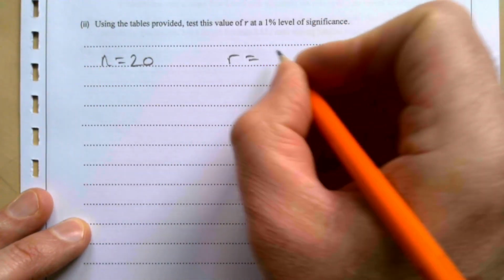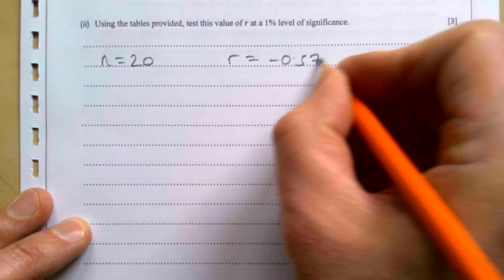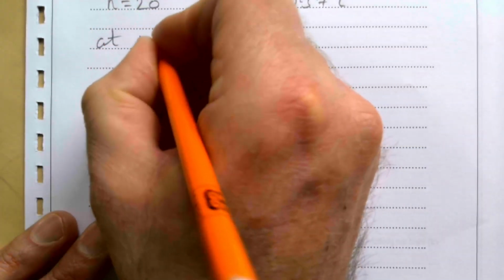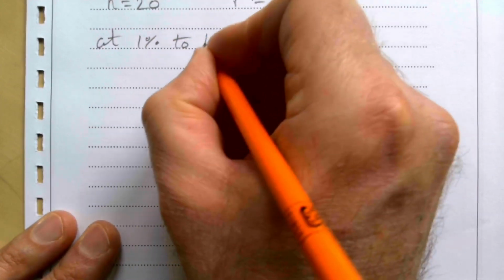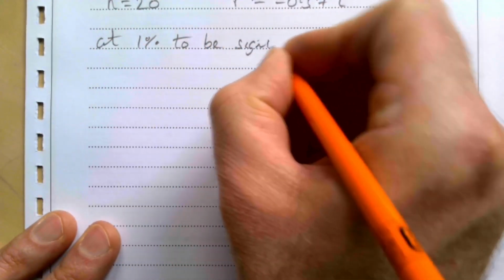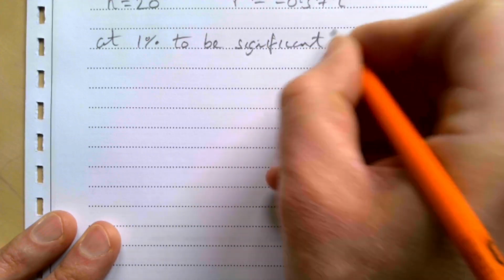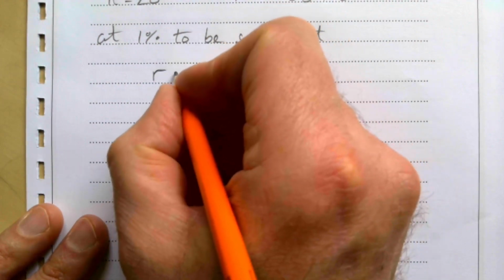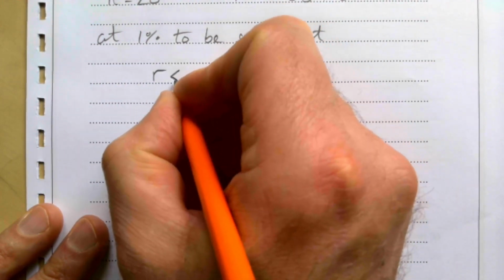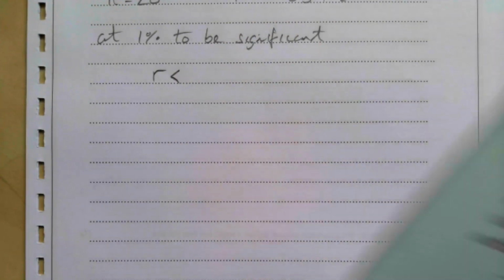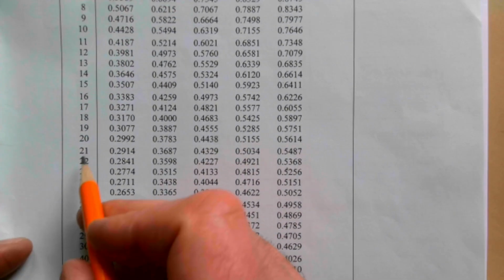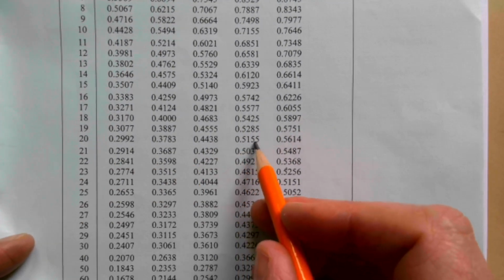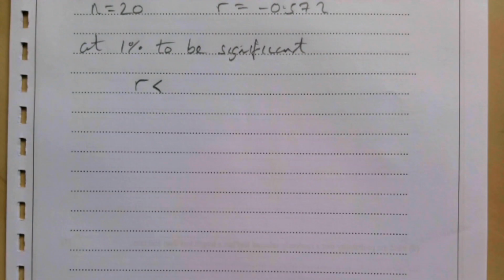Our value of R from the previous page is minus 0.572, and then at the 1% level, to be significant, R is going to have to be less than... So it's a sample size of 20, and it's a 1% level, so it's 0.5155.